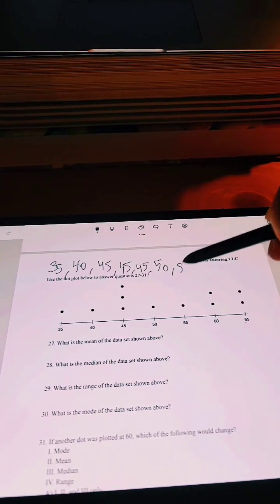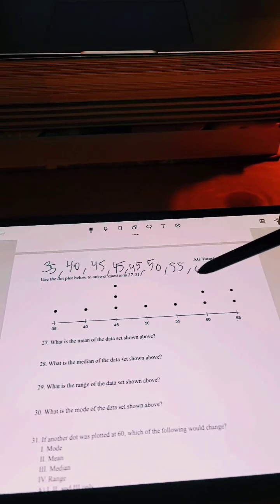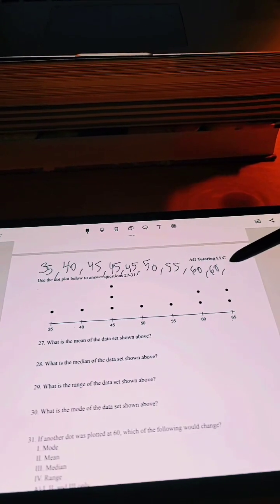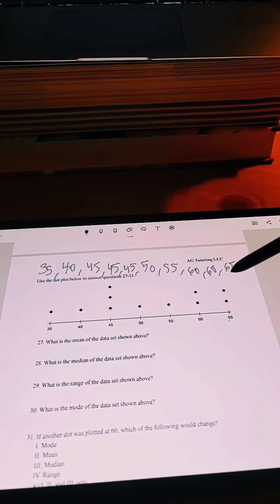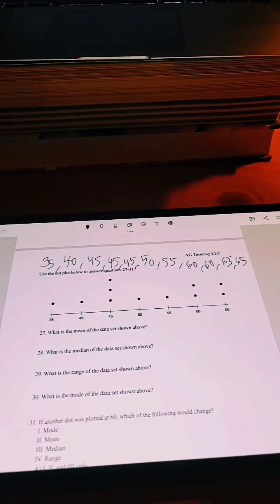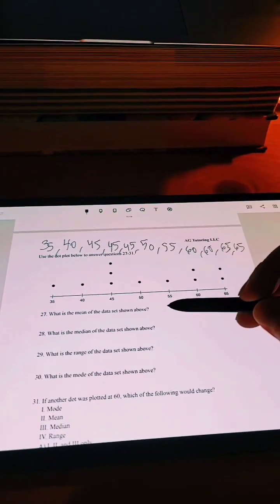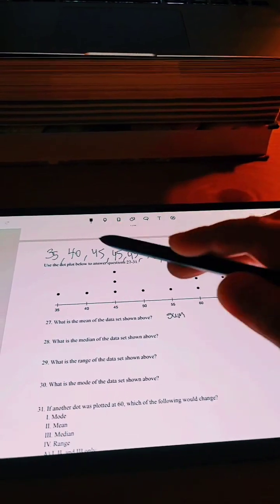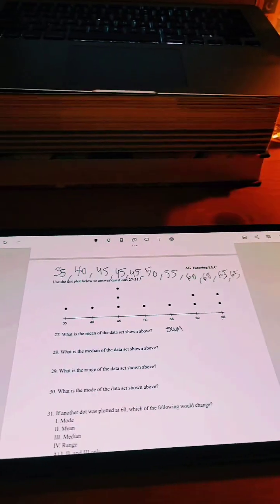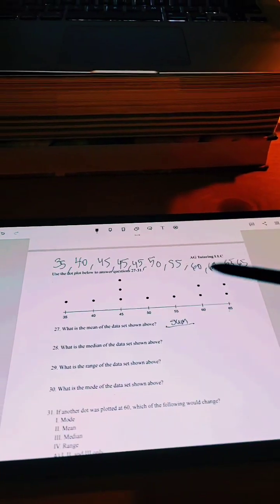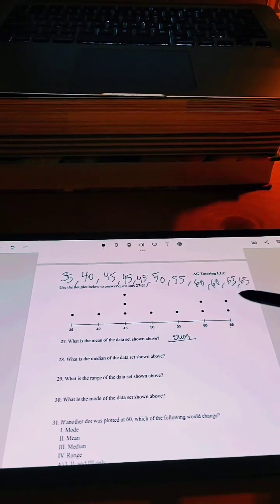So if we're going to visualize it, it would look like this. Woo, that's supposed to be 65. To find the mean, it's just going to be the sum of all your data, or your entire list basically, divided by the number of data points.